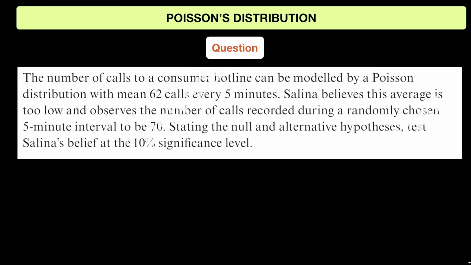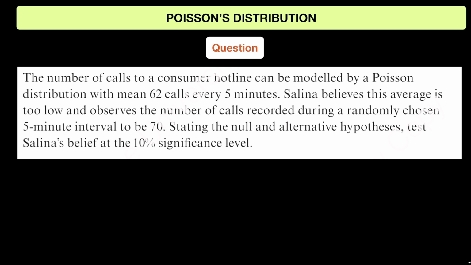Yes, so now we have reached the next very important question of this video, which says that the number of calls to a consumer hotline can be modeled by a Poisson distribution with mean 62 in every 5 minutes. Here they have already disclosed that the distribution followed is Poisson distribution with 62 calls in a 5 minute interval.